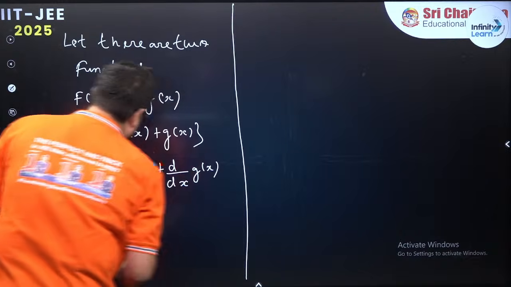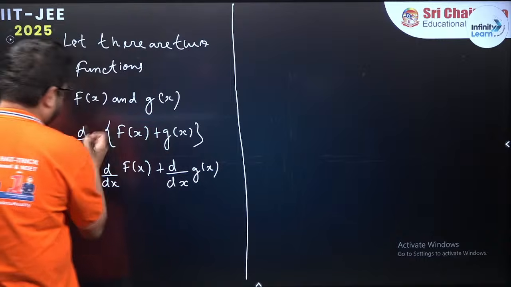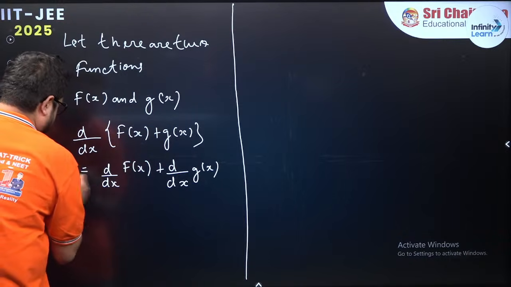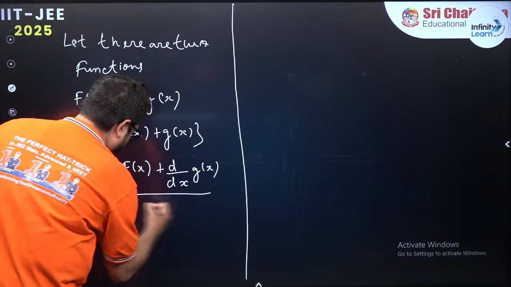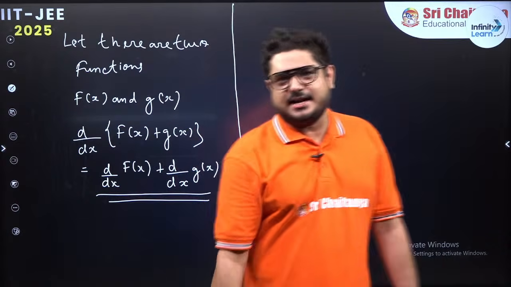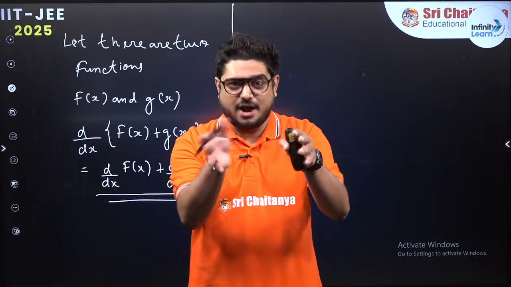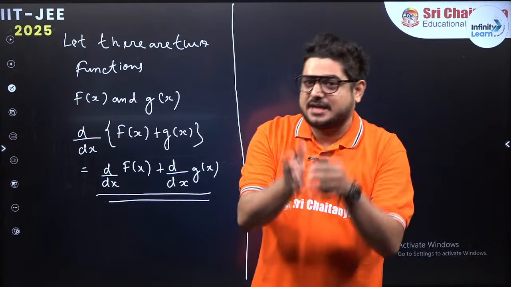So if you are being asked to perform the differentiation of fx plus gx, isn't it? This is going to be the result of it. In a similar way, if I am being asked to find the derivative of fx minus gx, I will tell you how to do it once we come across a question.